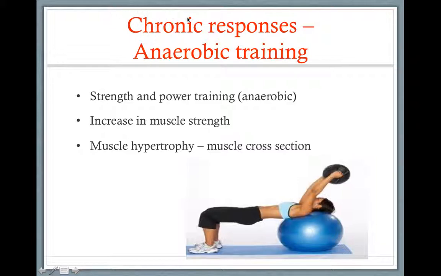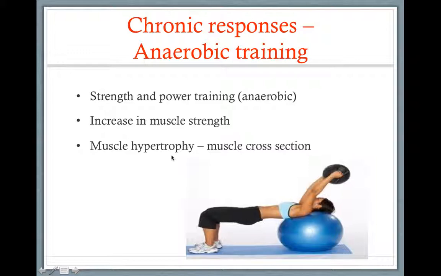So if we were to undertake a 6 to 8 week training program to try and improve our anaerobic, what would be the things we'd be trying to do? We'd probably be doing things like weights, because we're doing strength and power training. By doing weights, we're going to increase our muscle size. Now, increasing in our muscle size is referred to as muscle hypertrophy.